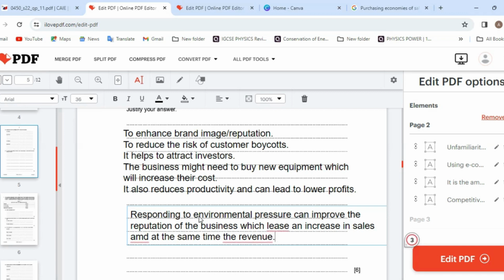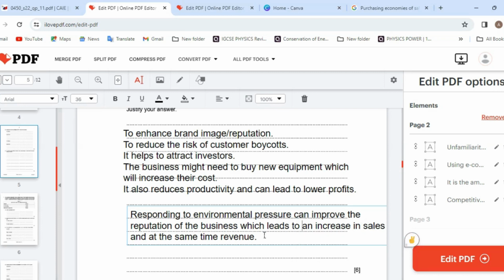Of course, when they are responding to environmental failure, which leads to an increase in sales and at the same time revenue. And also we have to see the other side of this.